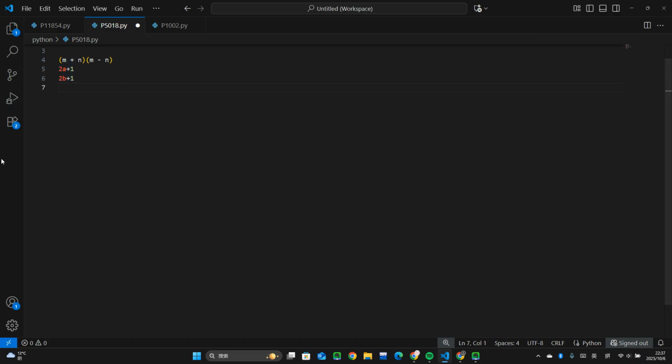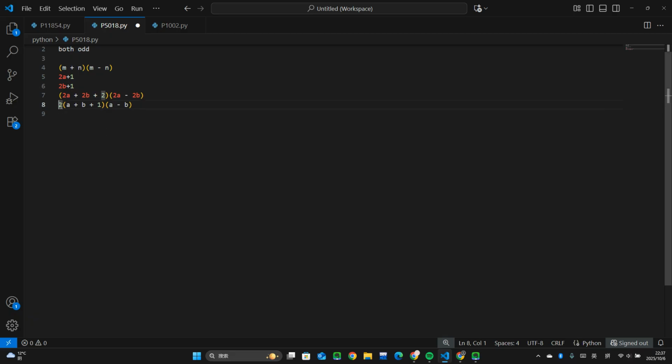And then we can further reduce the expression into 2a plus 1 plus 2b plus 1, multiplied by 2a minus 2b, right? And notice if we just combine the two plus 1s in the first term, we just factored out the 2. We now have a plus b plus 1 times a minus b.